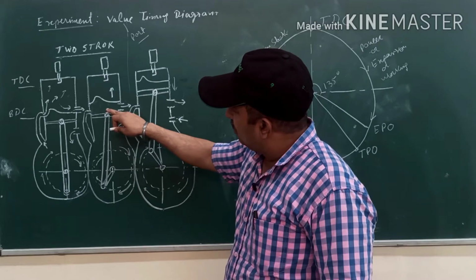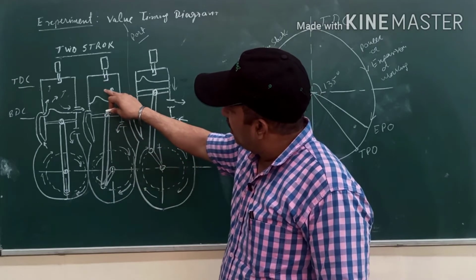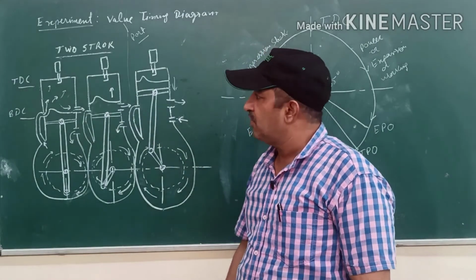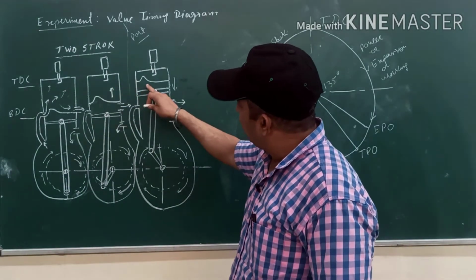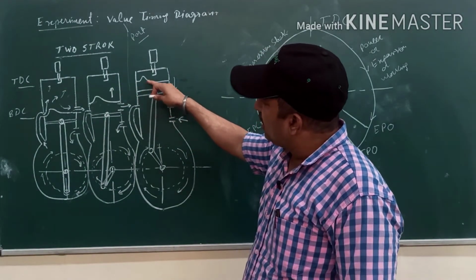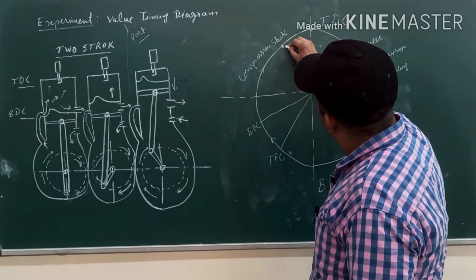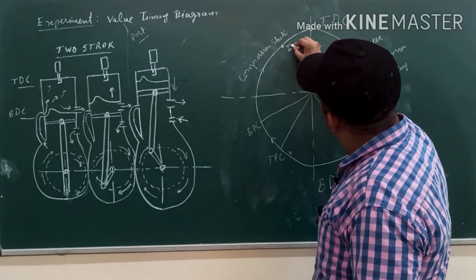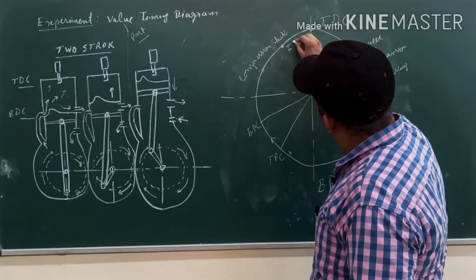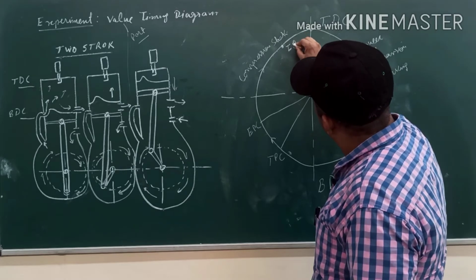So high pressure and high temperature will be achieved. When the piston reaches near the TDC, just below the TDC, ignition starts.